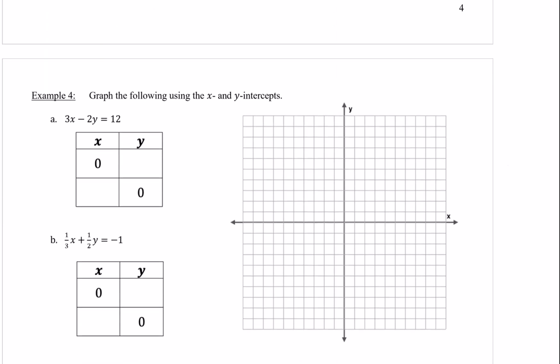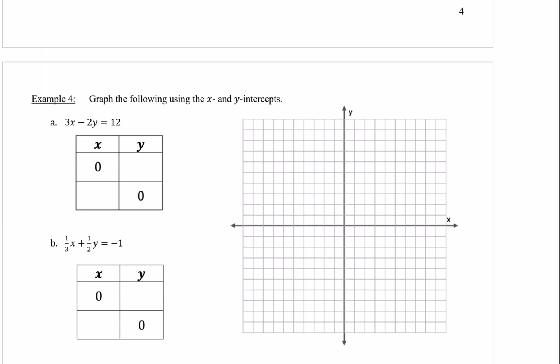We can also graph by x-y intercepts, which is super easy if we are in standard form. So this is called standard form, where we have the x and y terms on the left side and the equals on the other side. So that makes it super easy. So to find my y-intercept, that's when x is 0.